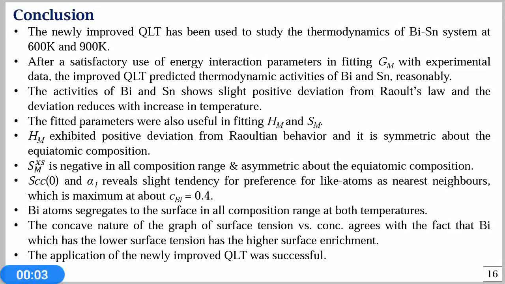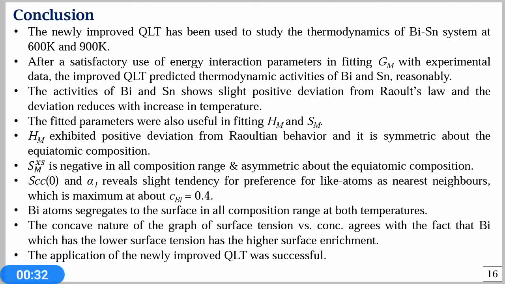Surface property studies reveal that bismuth atoms segregate to the bismuth tin surface, which is confirmed for temperature range of 600 Kelvin to 900 Kelvin. And the enrichment of bismuth atoms at the surface reduces with temperature, while the enrichment of tin atoms at the surface increases with temperature.